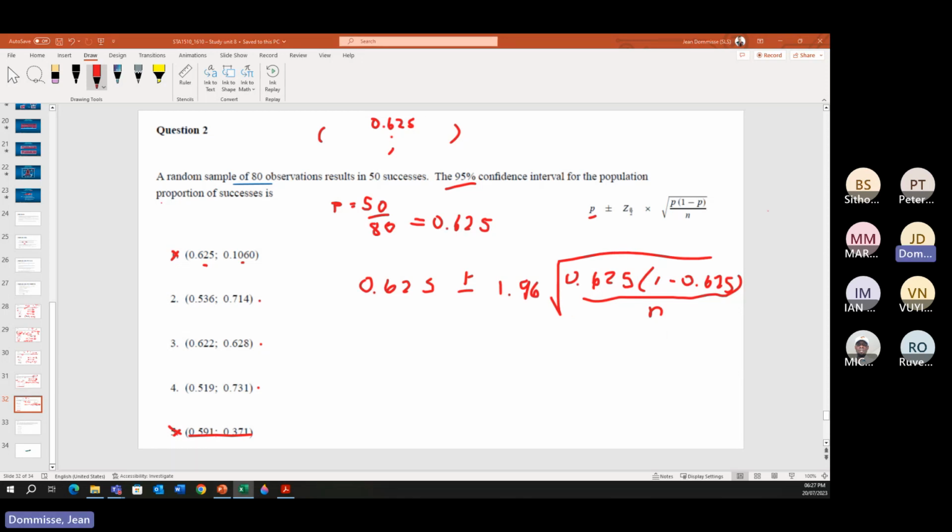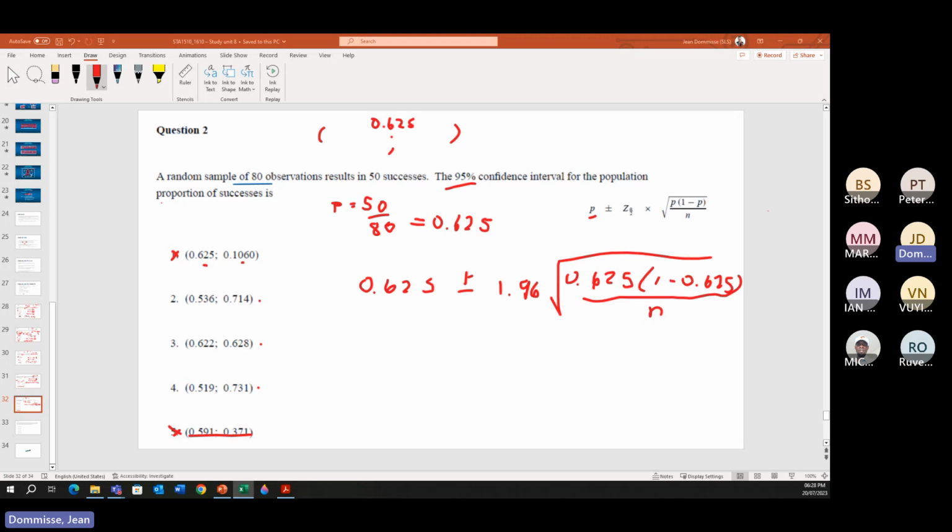Okay, so if I work that out, that is under the square root: 0.625 times 1 minus that, which is 0.375, divided by n. I should have included what n is.